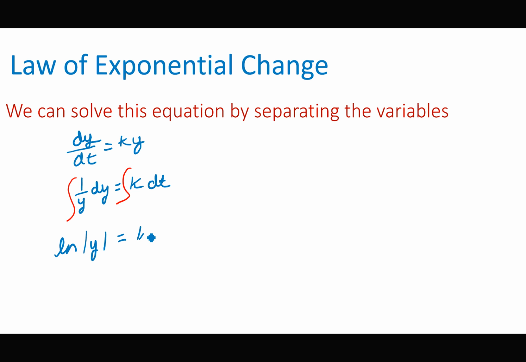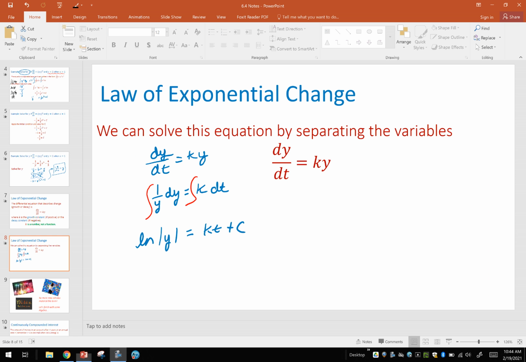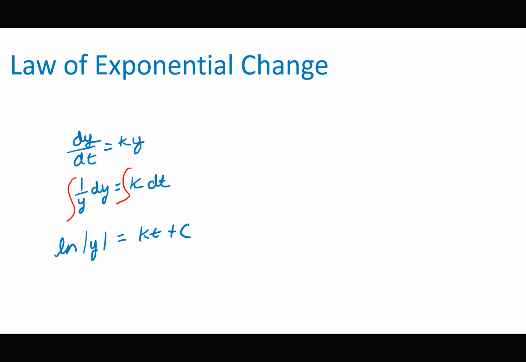This would be kt. If I was integrating, say, 5, we would write it as 5t. All right, so here we go. So the natural log of absolute value of y equals kt plus c.